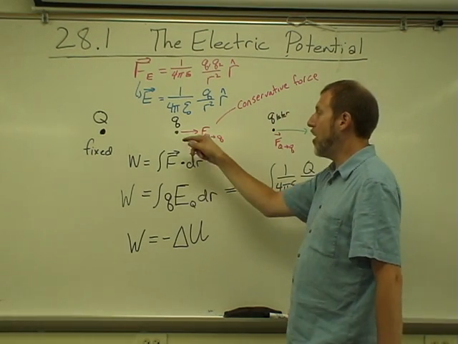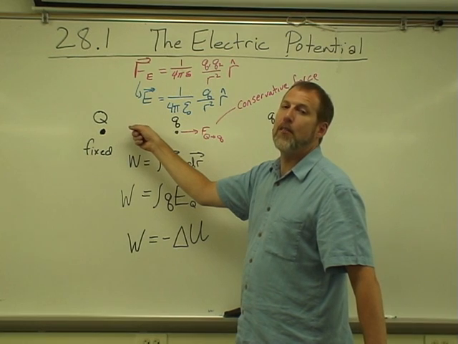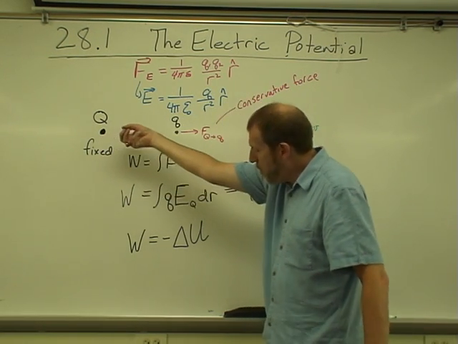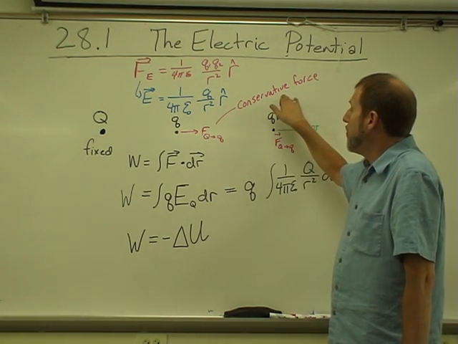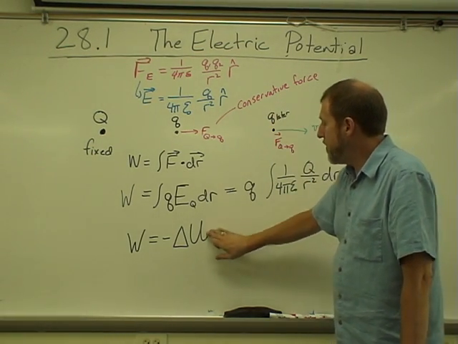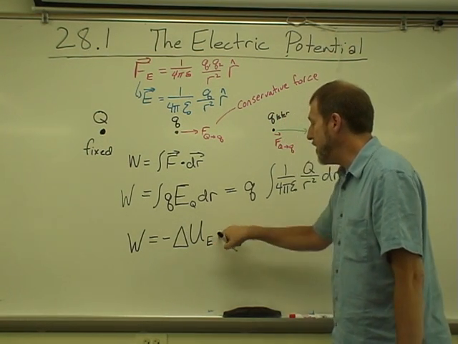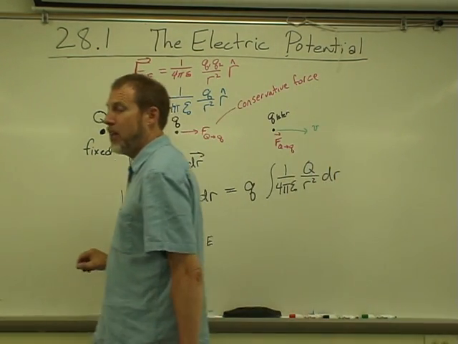If I throw a point charge at another point charge, it will slow down, removing kinetic energy or energy of motion from the system, but I'll get all that energy back when it comes bouncing away. So the electric force is a conservative force, which means I can speak of a potential energy system, and the work is equal to the opposite of that potential energy.